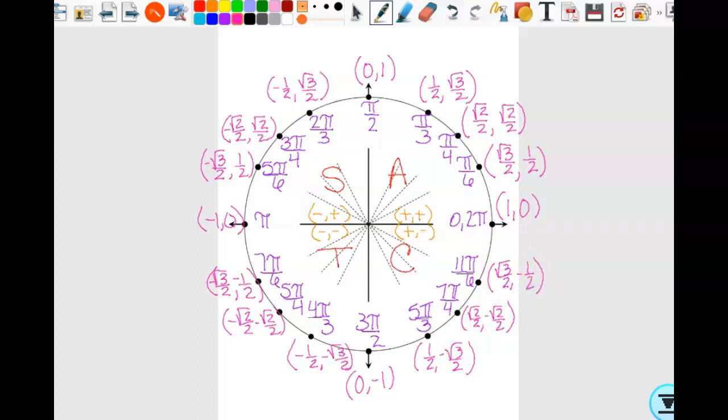On Monday is when we're going to talk a little bit more about not looking at the circle and how to find them from the different quadrants and whatnot. Okay.